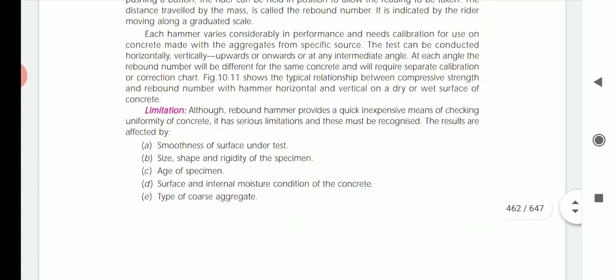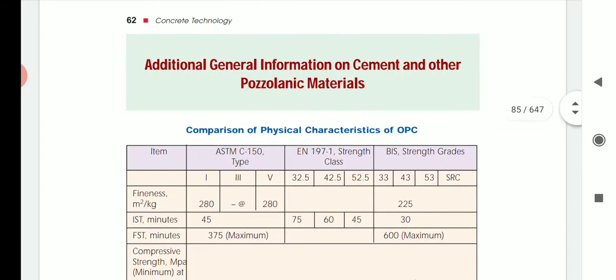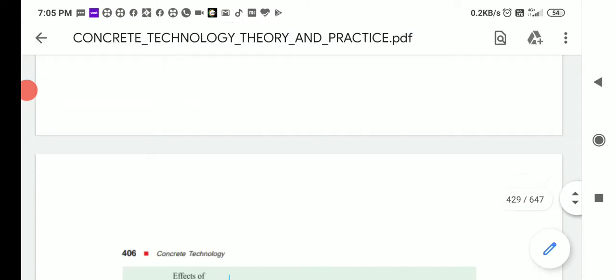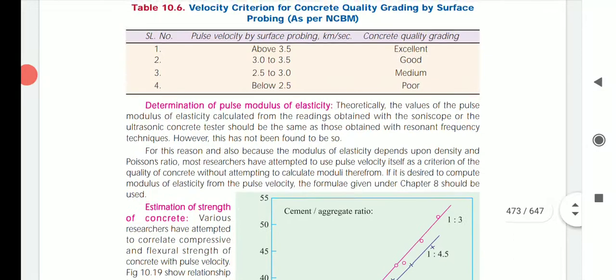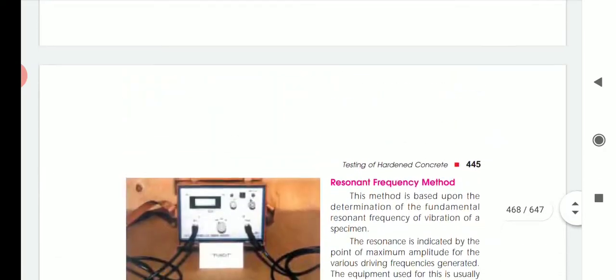So the rebound hammer number is directly connected with the compressive strength. If the rebound hammer number is more, then we can say that the compressive strength of the concrete is also more.